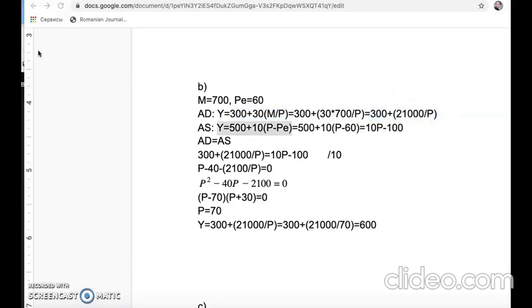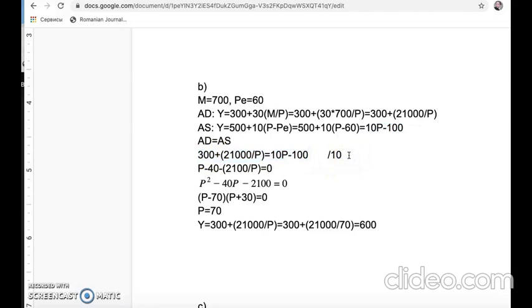The aggregate supply curve is here. And after the simplification, we will get 10P minus 100. Setting AD equal to AS to eliminate output, it will give us this equation.